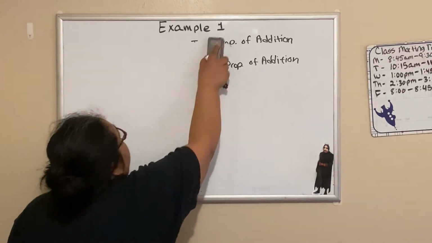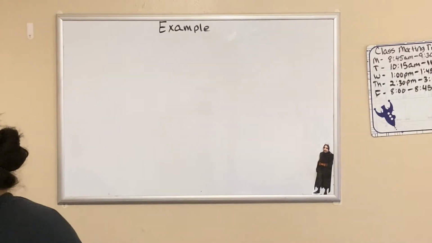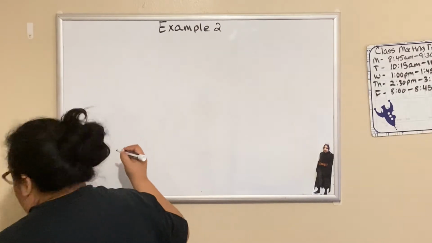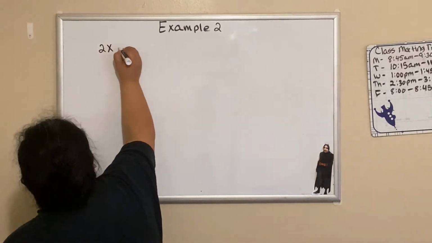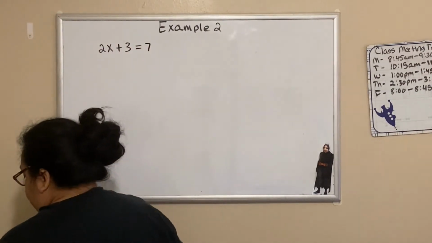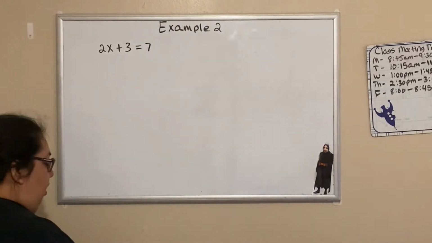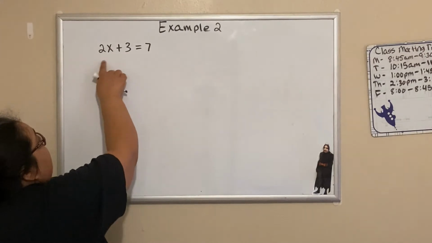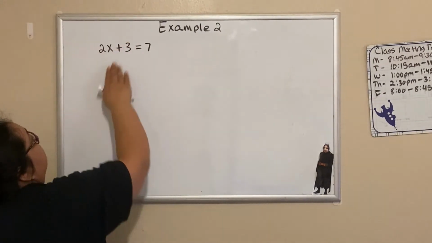So now we're going to go to example 2. So example 2 is going to be 2x plus 3 equals 7. Okay, so first of all, I've got a plus 3 on the side that has x. I want x to be by itself, so I need to remove the 3.